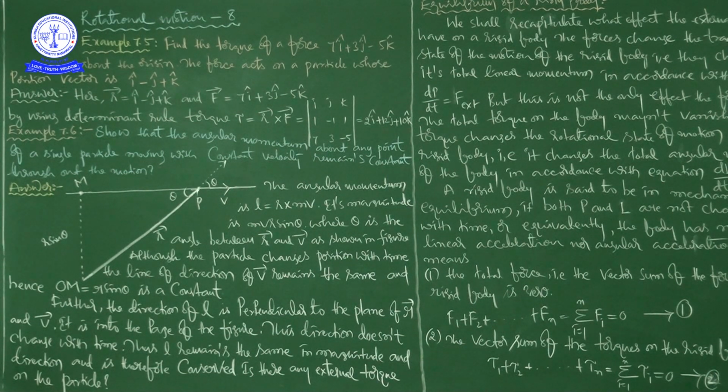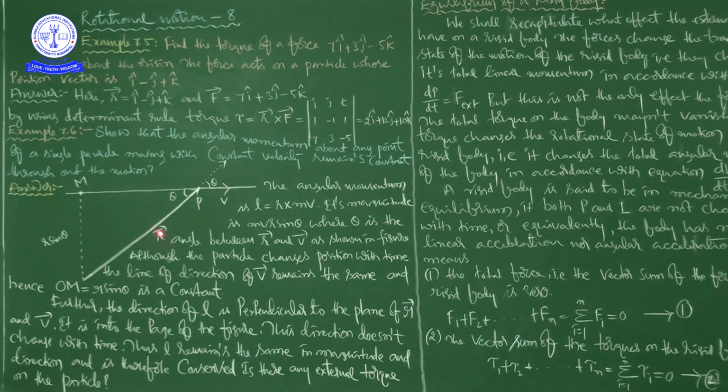So we have to show that angular momentum about any point of a single particle moving with constant velocity remains constant. You see this picture? Here you can see the particle P. This is the point M, and this is r sin theta.